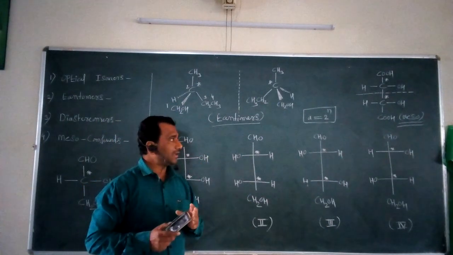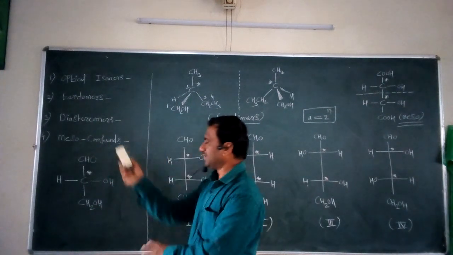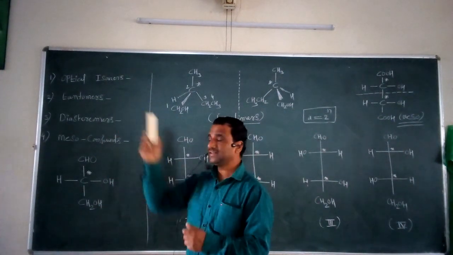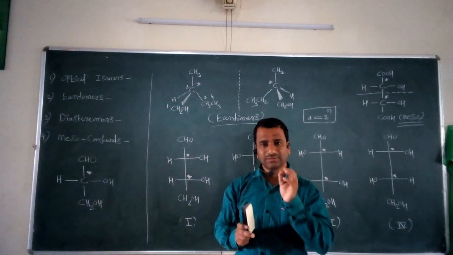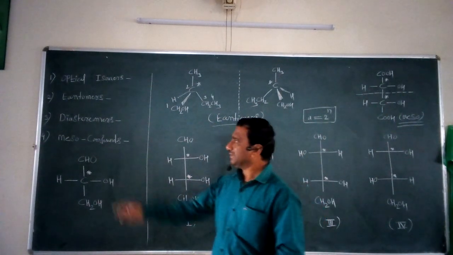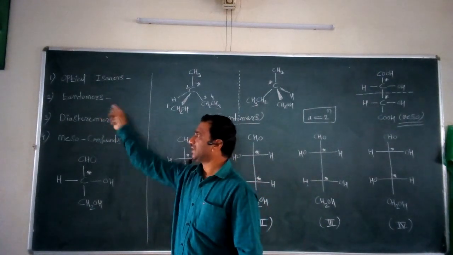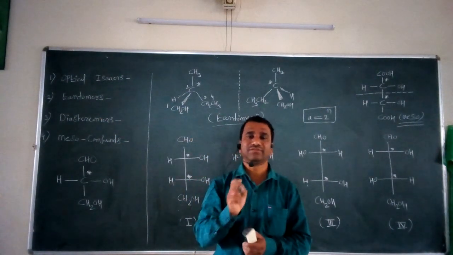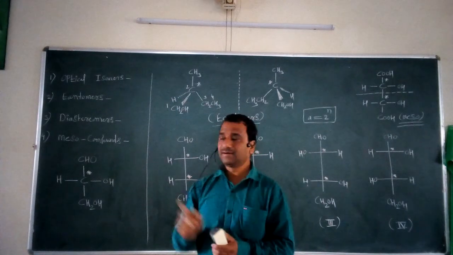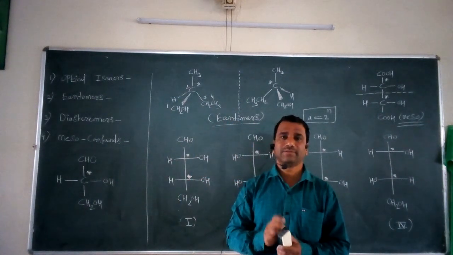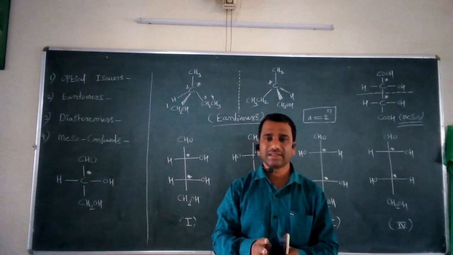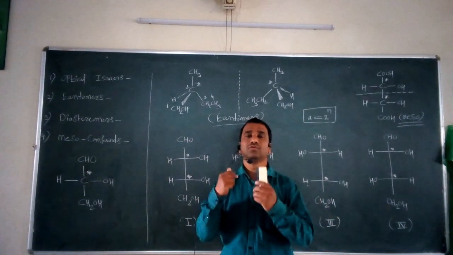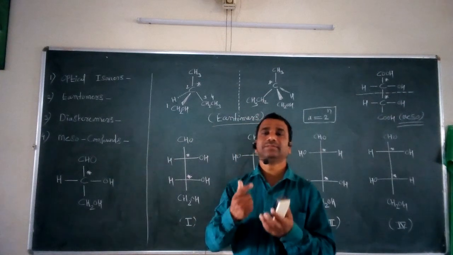Now if we compare these two words, diastereomers and enantiomers, there are some simple differences. The first important difference is that enantiomers have similar physical and chemical properties, except for their behavior towards plane polarized light.